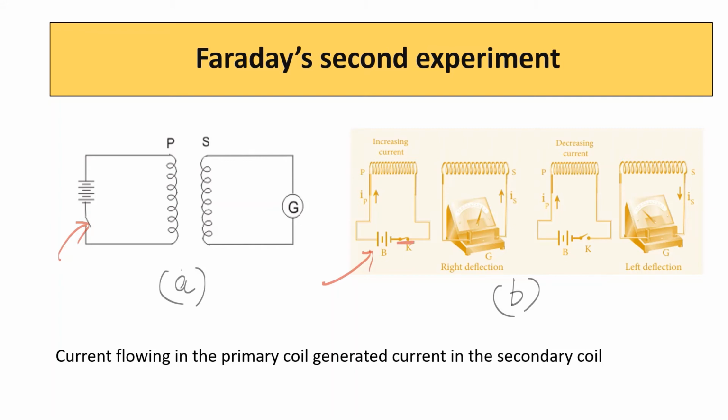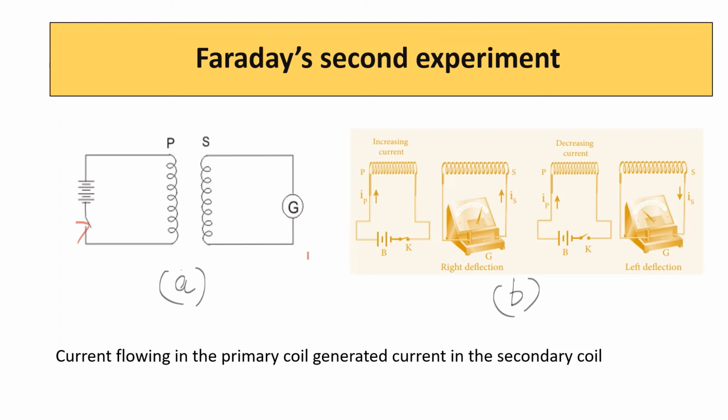Electric current starts flowing through the coil. The coil becomes an electromagnet, and this induces a current in the secondary coil. When current passes through the secondary coil, the galvanometer deflects. The galvanometer deflects towards right when the current flows through it.